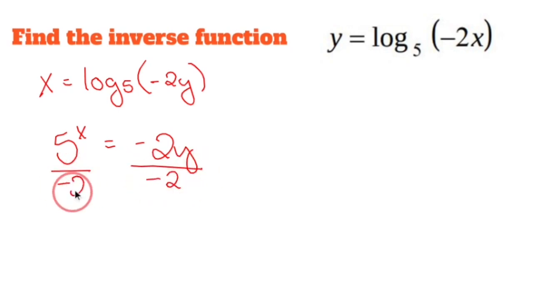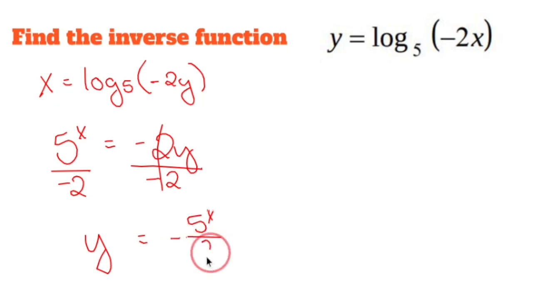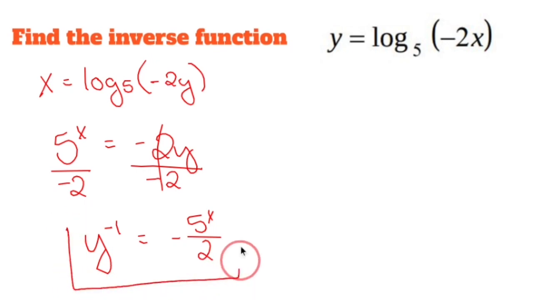Cleaning that up will make this look like y equals 5 to the x over, let's put that negative out there, over 2. And now that y is all by itself, I can throw the inverse symbol to it, and I have my inverse function, y to the negative 1 equals negative 5 to the x over 2.